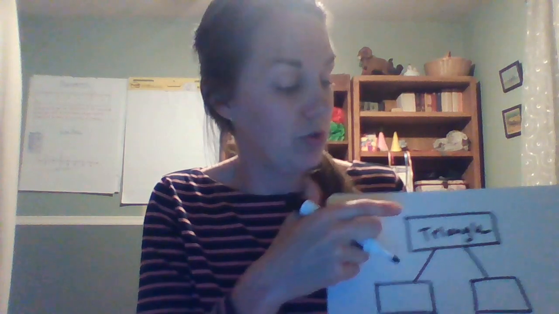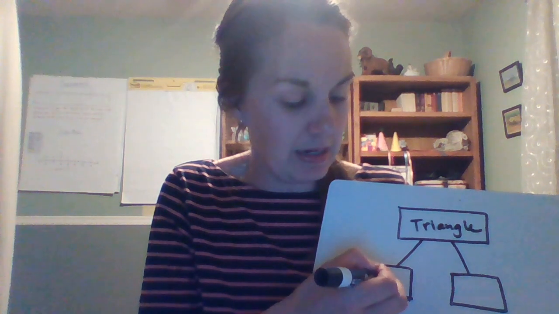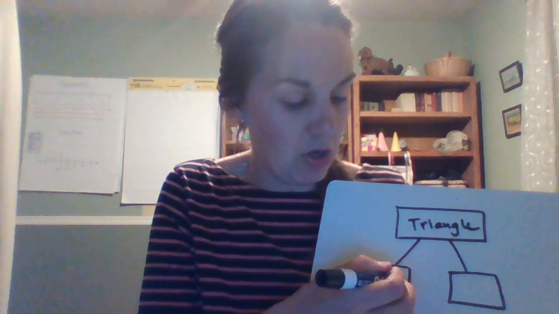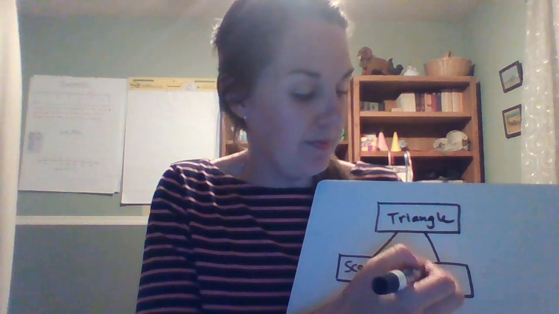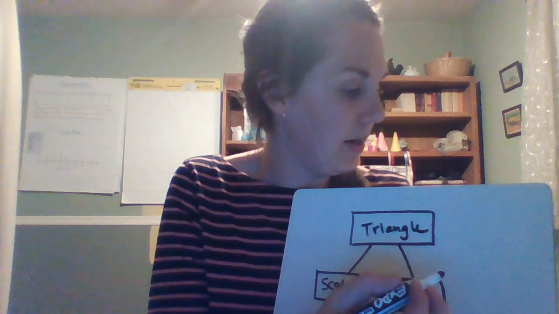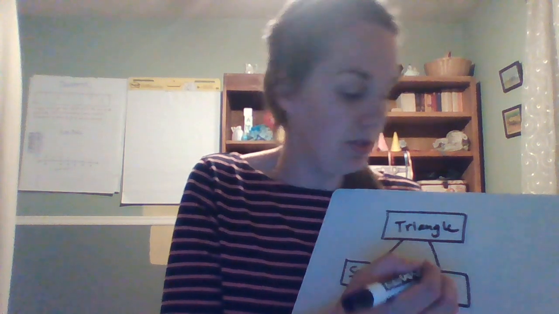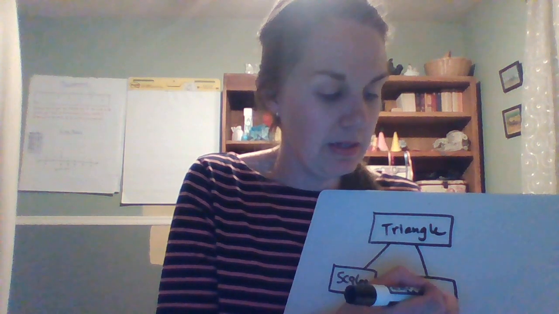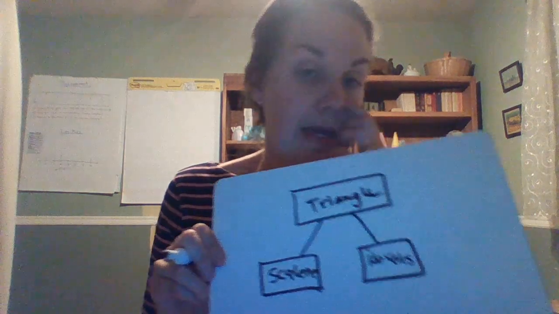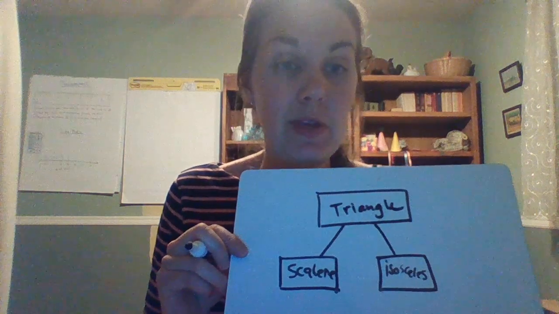So I'm then going to draw 2 branches off of my tree, and I'm going to go to the next level. Triangle is general. We're going to start getting more specific and saying that scalene, with no equal sides, has its own category, and isosceles on the other side has 2 or maybe 3 sides of equal length.